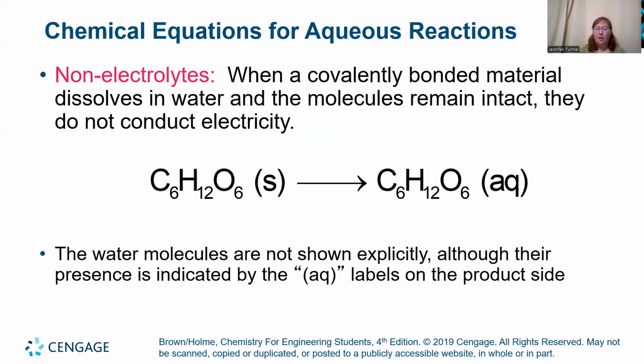The water molecules aren't shown explicitly, but you can write an H2O over it just like this. What this means is that it is being dissolved in water. I will usually put a little water over it to be very specific that I'm doing a solvation here.